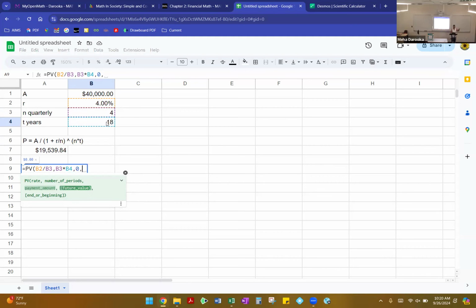So put that as a 0, and then comma, the last one is how much money do we want in the future, which was, of course, our little $40,000 there, right? And then you can close your parentheses. So this way you don't have to do the calculation separately. You're letting the calculation happen within the function itself.